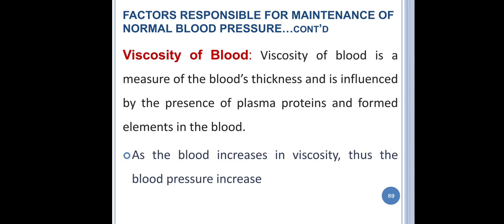Viscosity of blood is about thickness. How does thickness of blood influence the blood pressure? As blood increases in viscosity, the blood pressure increases. So the more viscous the blood, the higher the blood pressure.